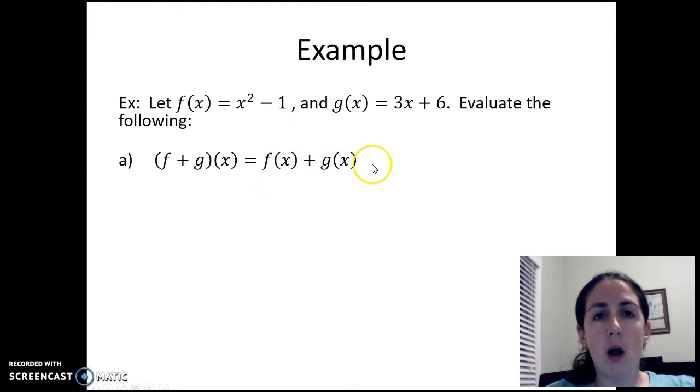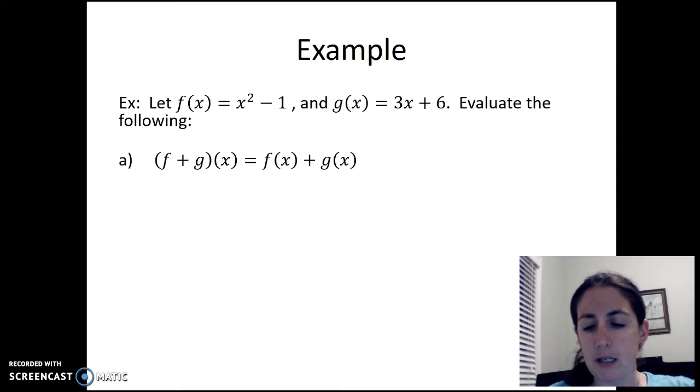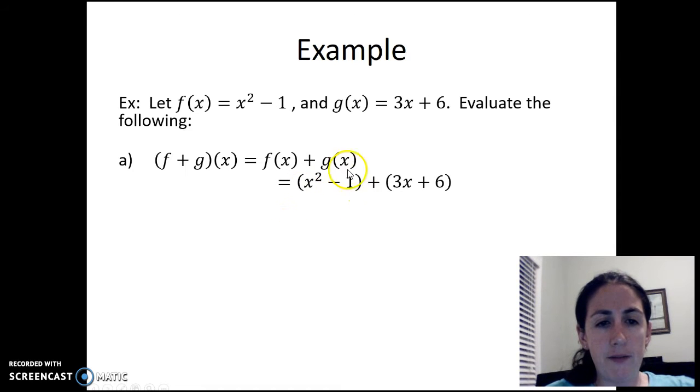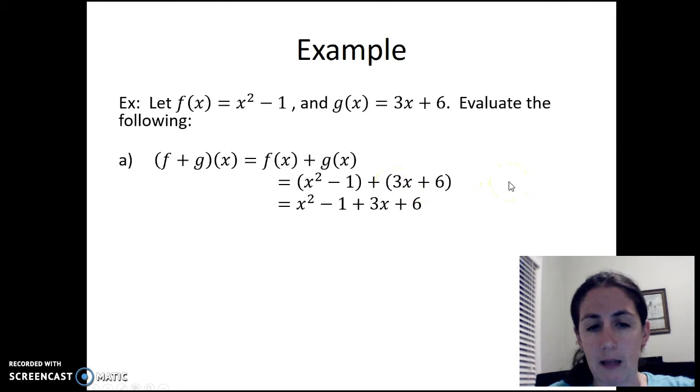When you do function evaluation, I strongly encourage you to keep your functions in parentheses. Notice I kept f of x completely in parentheses and g of x completely in parentheses. That way you can do any necessary distributing. As you can see here, we don't have anything to distribute here or here, so we can drop those parentheses, and then it's just a matter of combining like terms. X squared plus 3x plus 5.